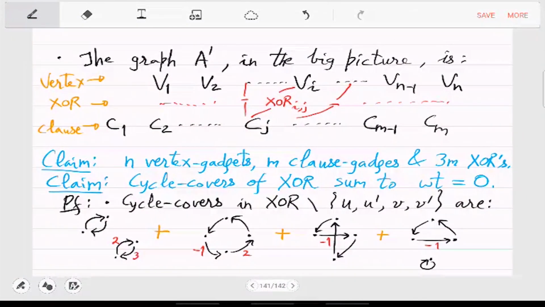Okay, so the weights are respectively 6, -2, -1, -1. Yeah, I missed one thing. This is actually 3. So now weights are 6, -2, -3 and -1, which sums up to 0.